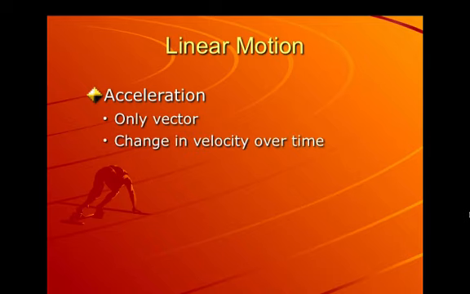We define acceleration as a change in velocity over time. The symbol for acceleration is conveniently lowercase a, but its units are the meter per second squared, sometimes called the meter per second, but it's actually the meter per second squared. So if we were to write that out, acceleration would be delta v, change in velocity, over time.